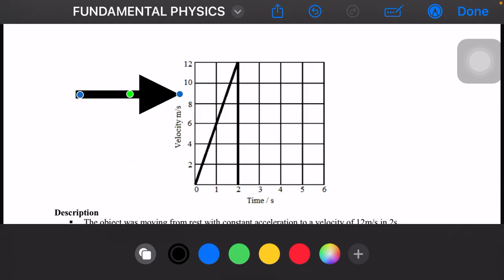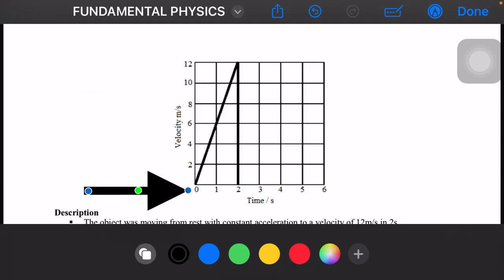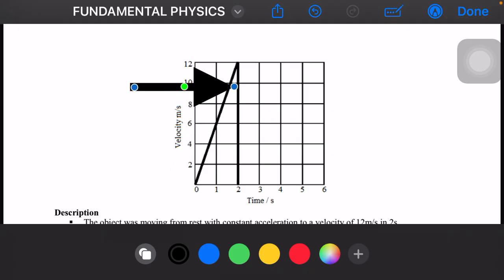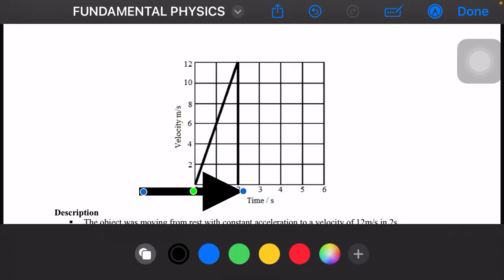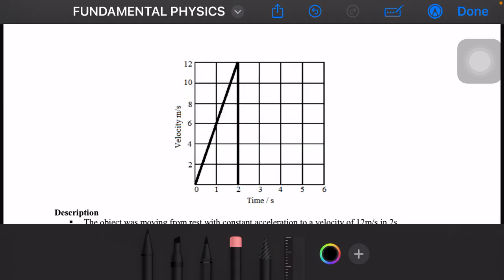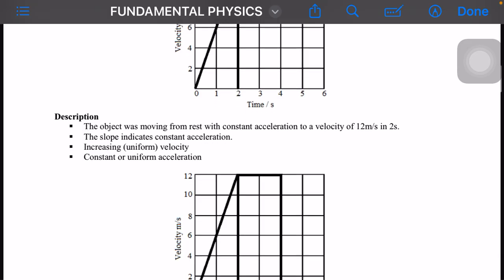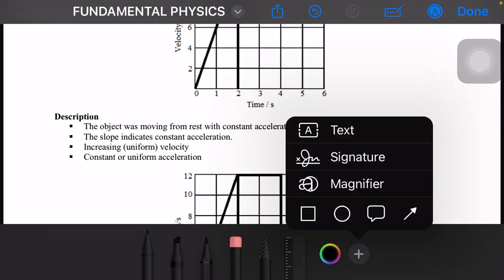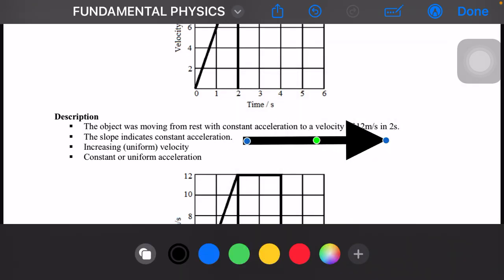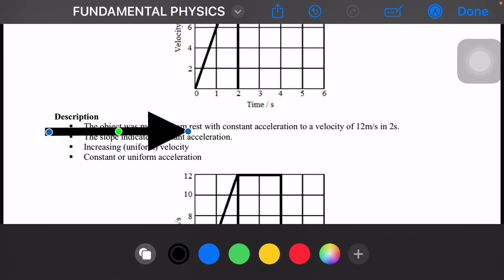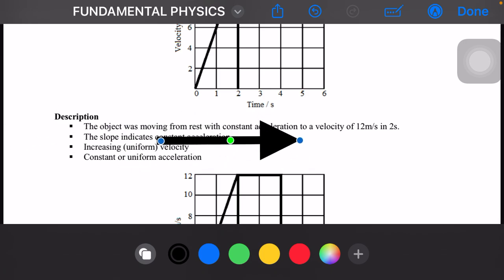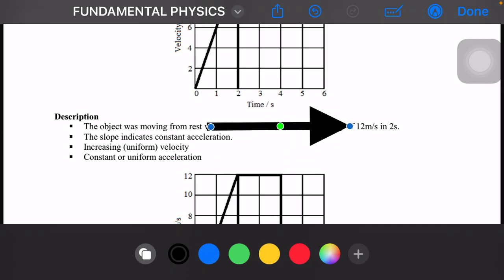So when you see such kind of motion here, what does it mean? The object starts from 0, moves along a uniform line, then reaches 2. It simply means that the object was moving from rest with constant acceleration to a velocity of 12 meters per second in 2 seconds.